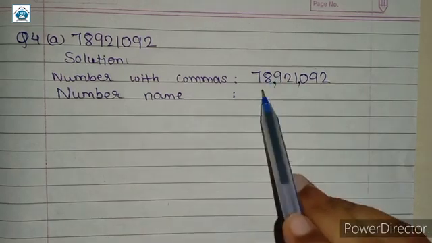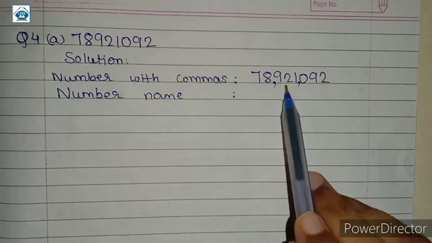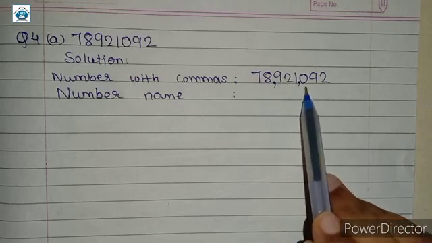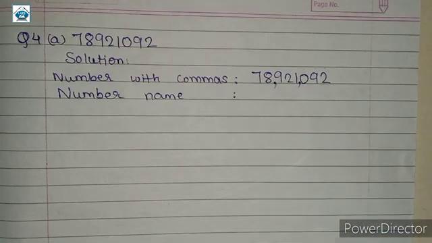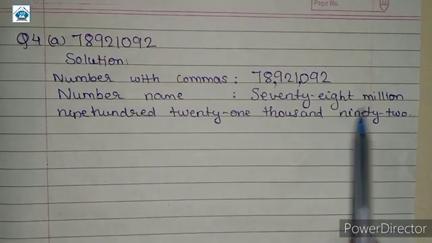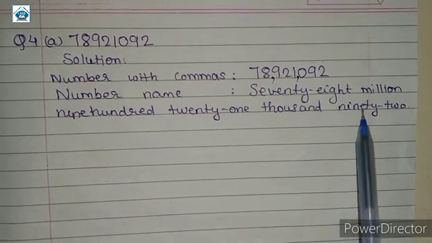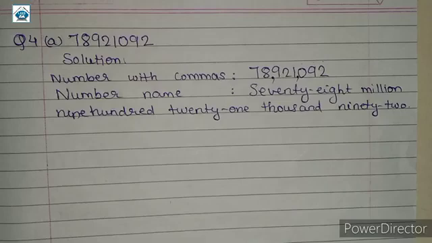So this together will become 78,921,092. This is the number name. So in this way you need to write the solution in your notebook.